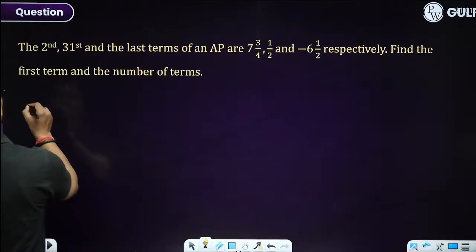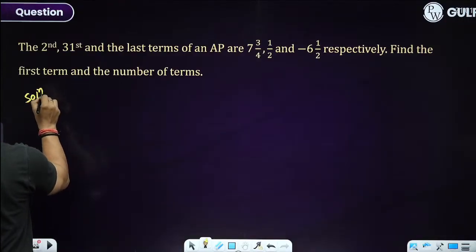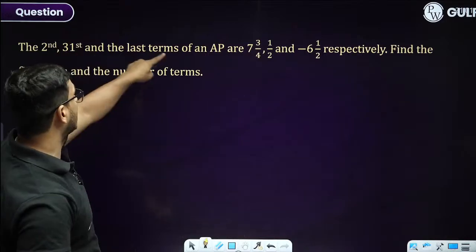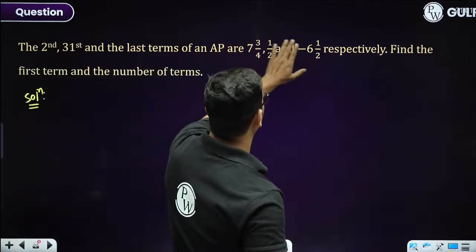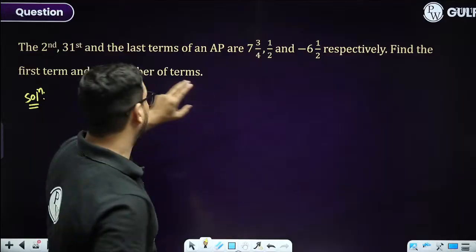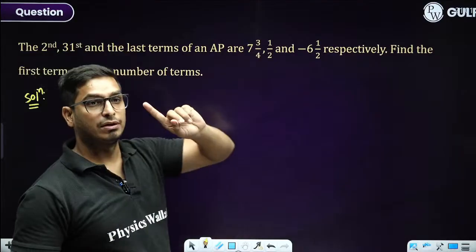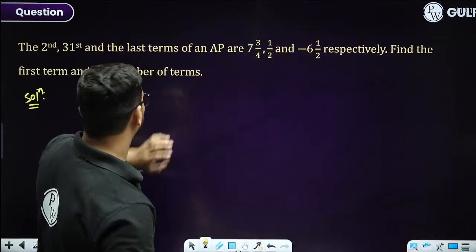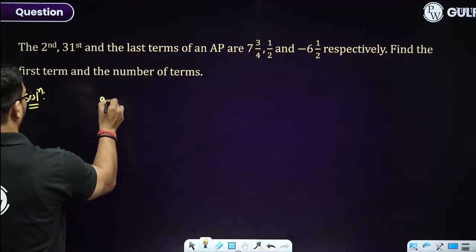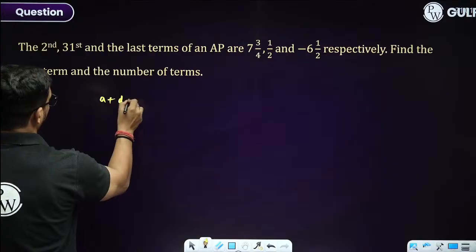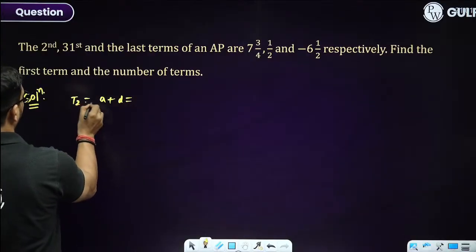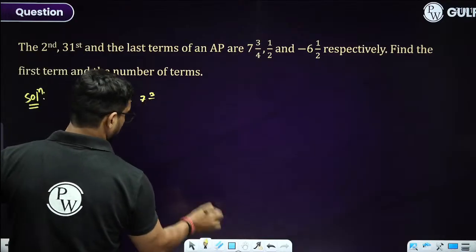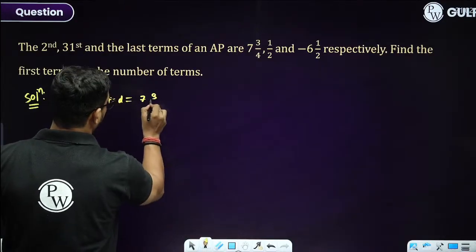Second term, 31st term and the last term of an AP are given. Find the first term and the number of terms. We have to find the first term, that is a, and n. The second term means a plus d, and that is equal to 7 3 by 4.